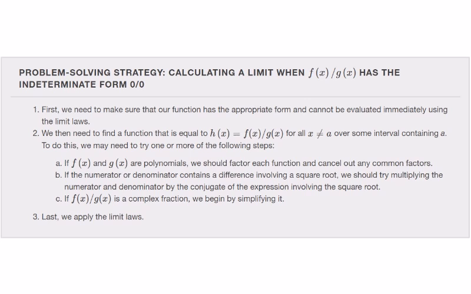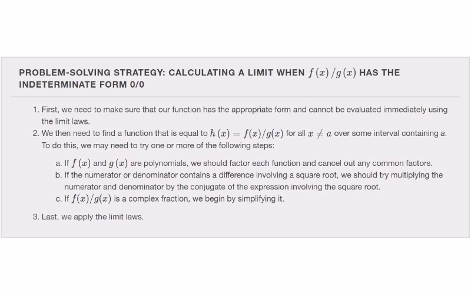So here are some strategies. When we have a situation where we have two functions that we're dividing, some type of rational expression or function, and it ends up turning into 0 over 0 if we directly evaluate, then what we can do is check to see that our function in the appropriate form cannot be evaluated using limit laws, right?